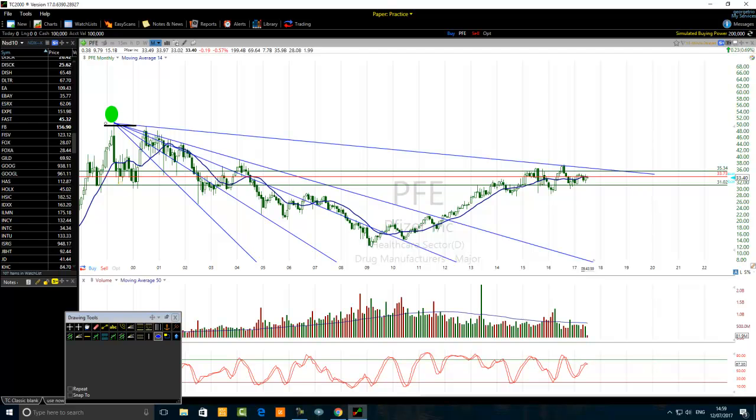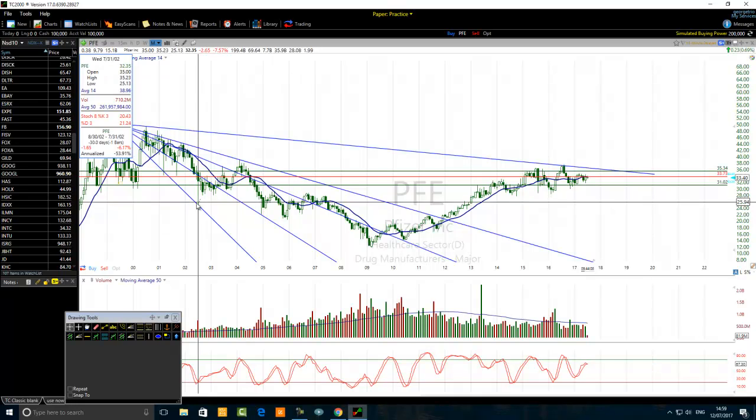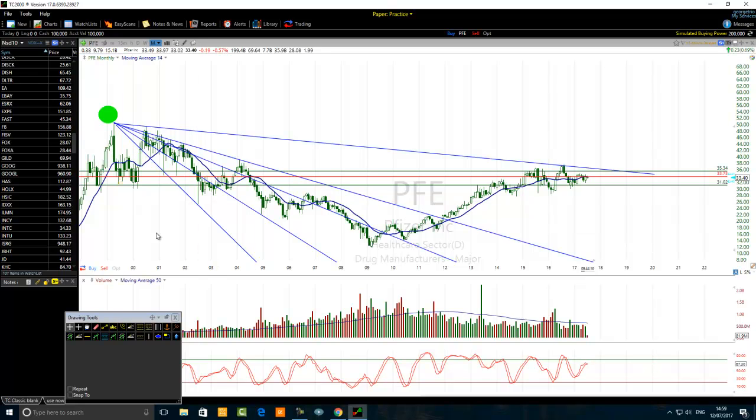The high of April 1999, right there. And I connect it to this one here, which is the low of July 2002. So with those two points, I draw my first trend line, right there.